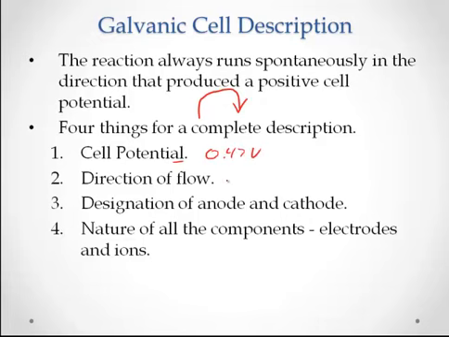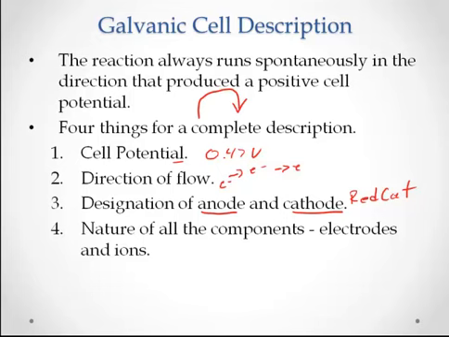We've got to show the direction of flow, so there'll be electrons and arrows. Then we've got to designate which one's the anode and which one's the cathode. Remember, reduction occurs at the cathode. And then we've got to list the nature of all components, whether they're aqueous or solid, if we're using a platinum electrode, and so on.